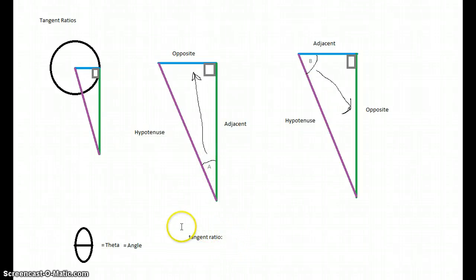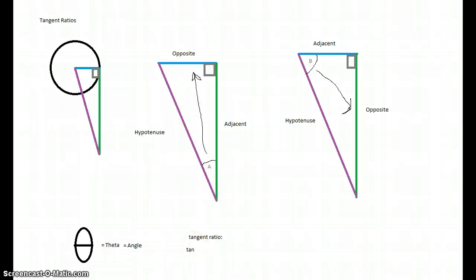Now, the tangent ratio, I'm going to have you guys write this down, and then I'm going to show you how to use it. The tangent ratio goes like this. On your calculator, there's a button that says tan, T-A-N. If you don't have a calculator that has the tan button, then you can go ahead and use either an online calculator or the calculator on your computer, and it will have the tan button. But this is the way the ratio goes.